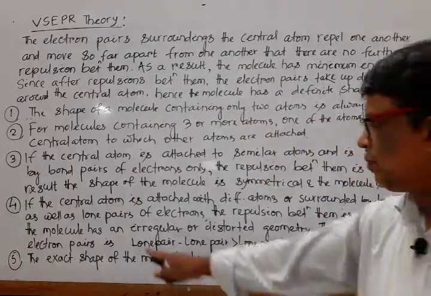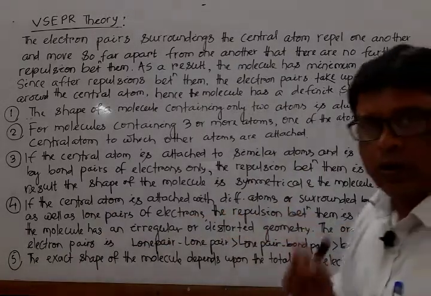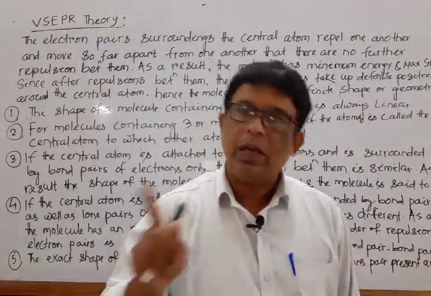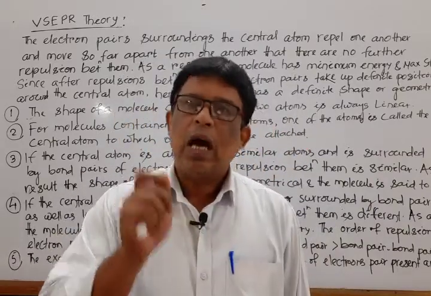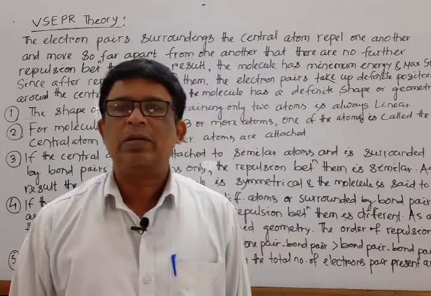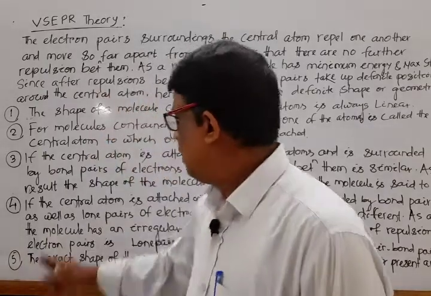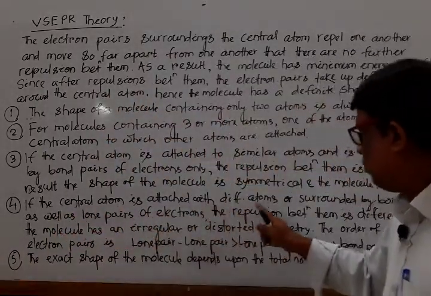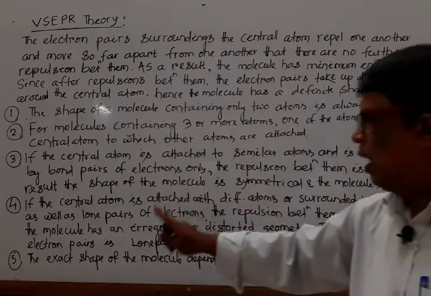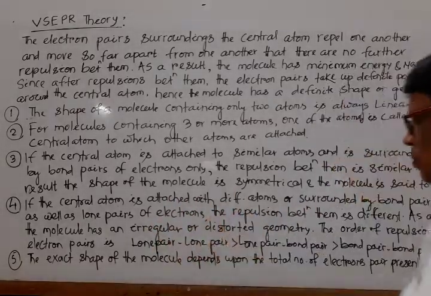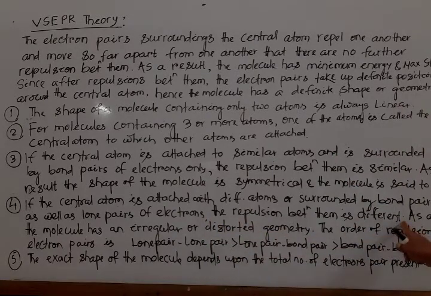On the other hand, if the central atom is attached to different atoms, and is surrounded by lone pairs of electrons as well as bond pairs of electrons, then the repulsion among them is different.